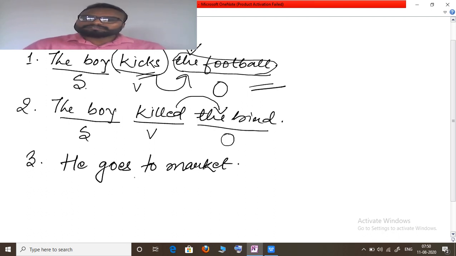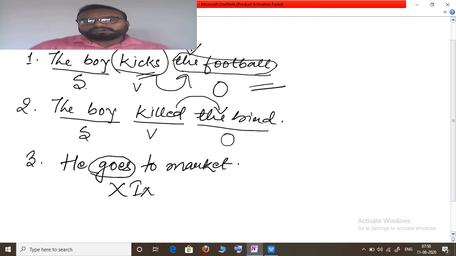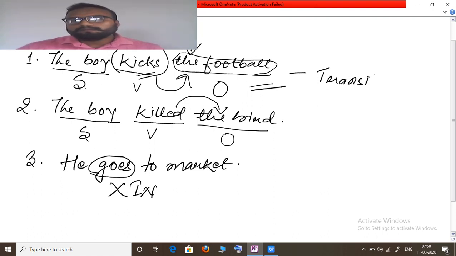"Where he goes" is possible, but "what he goes" is not. That's a wrong question. So here the word goes is an intransitive verb, not a transitive verb, but in the first case we have a transitive verb.